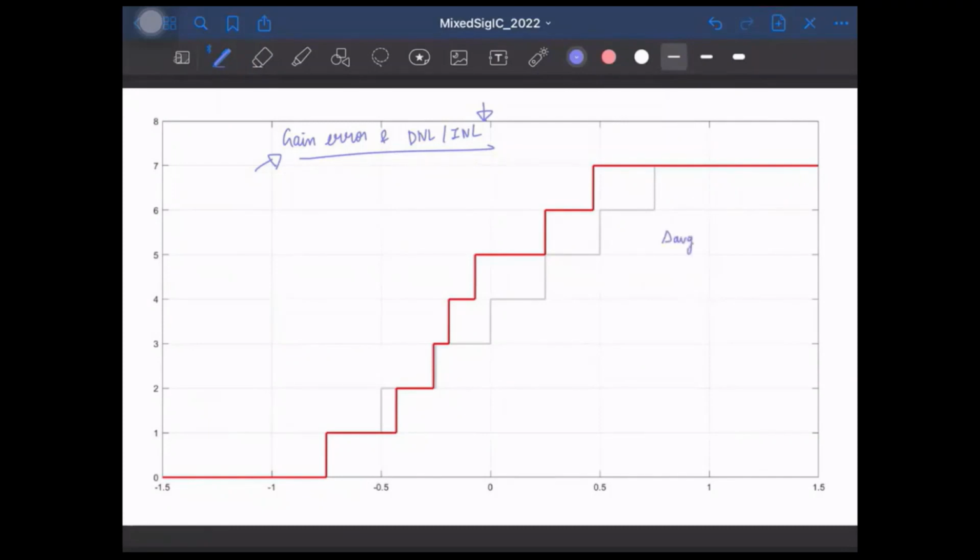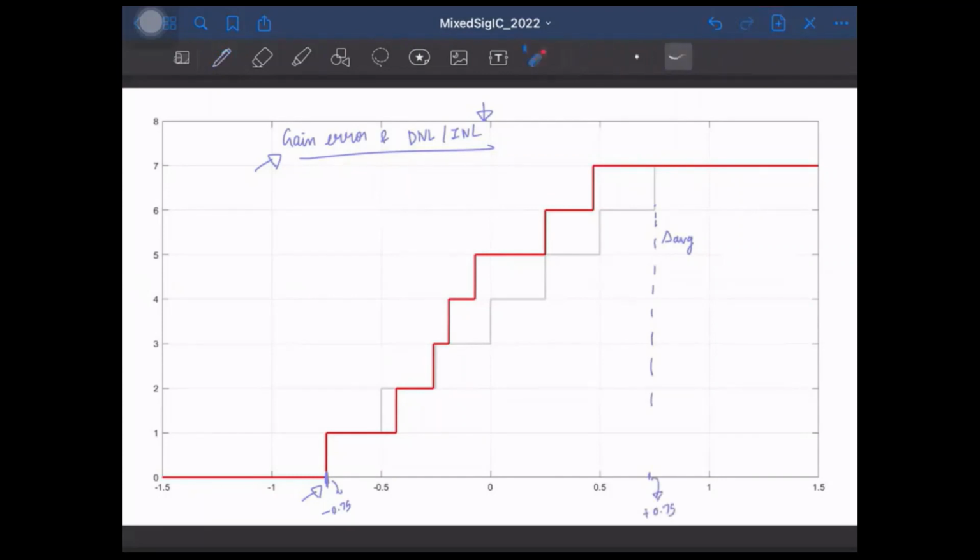Well, note that the characteristic in gray is the ideal quantizer characteristic, right? And let us say this is the ideal transition point, the first transition point for the ideal characteristic. And this value is what? This is minus 0.75. And this is the last transition voltage for the ideal curve, that is plus 0.75.